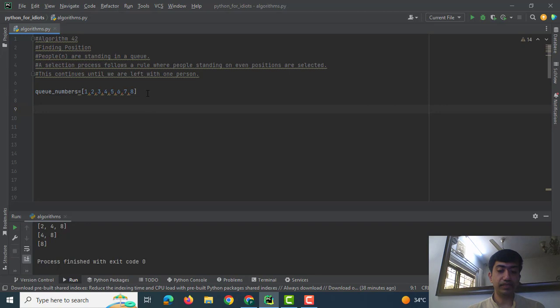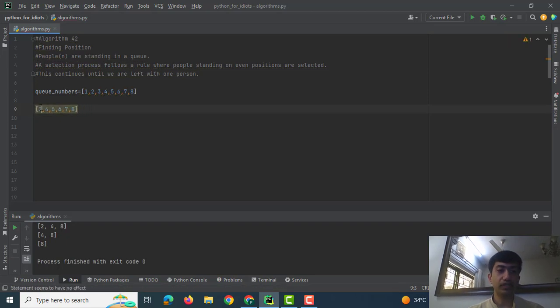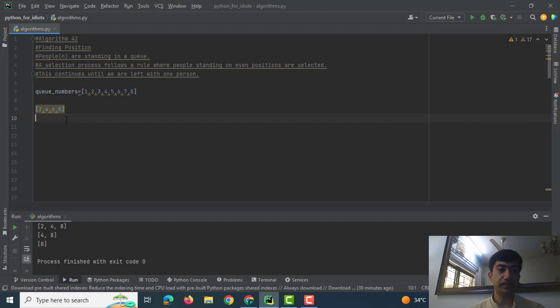We have this list 1 2 3 4 5 6 7 8. So we would remove 1, 3, 5 and 7. So in the next iteration, 2 is at one position, so we would remove 2, since it is at odd position.